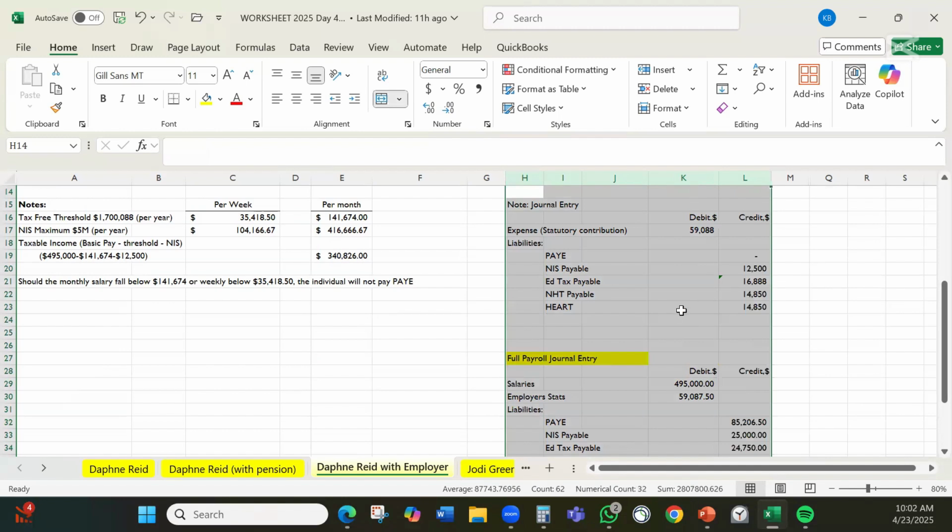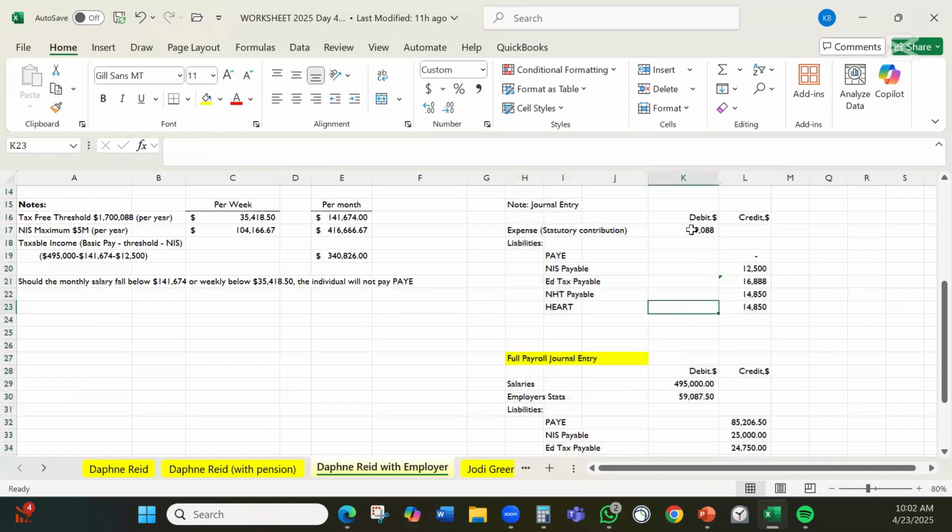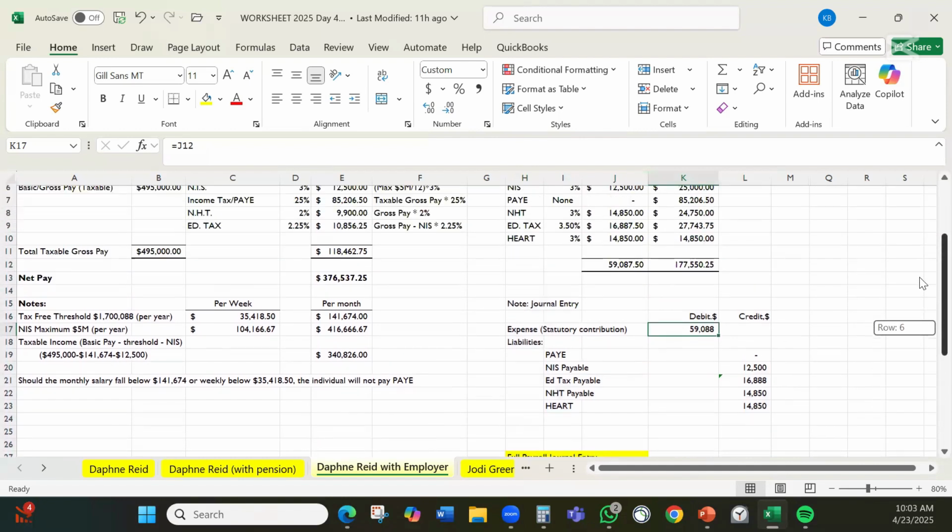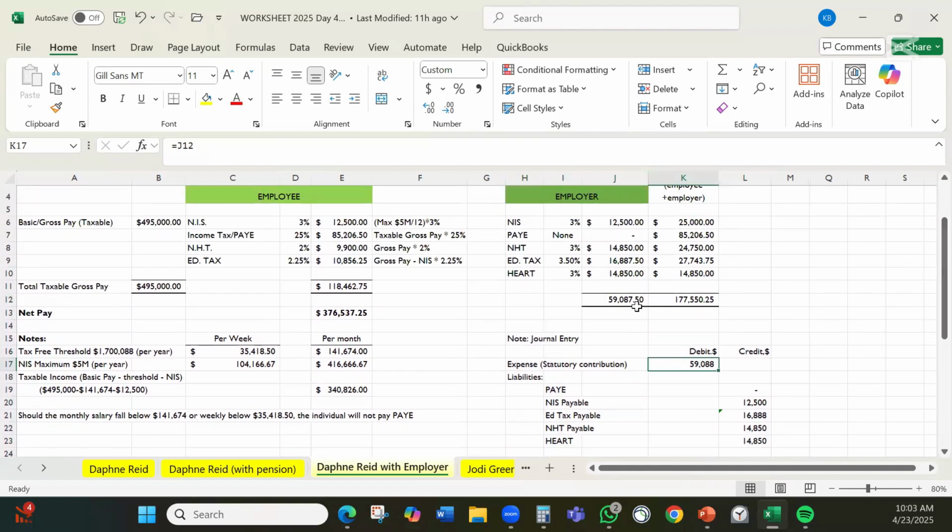So this $59,000 which we have calculated here, this is rounded up. This 59,000 is actually an expense in your books, so you have to record it as an expense. And remember, the expense is the debit entry, and it is going to go against your profits, right?